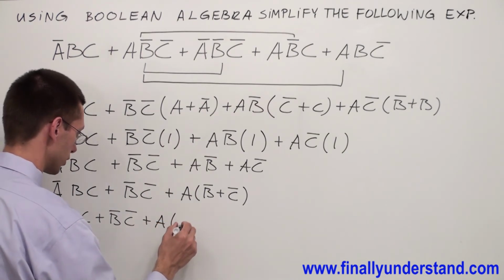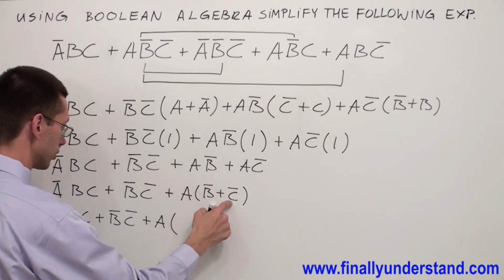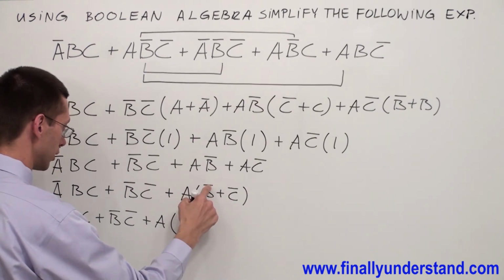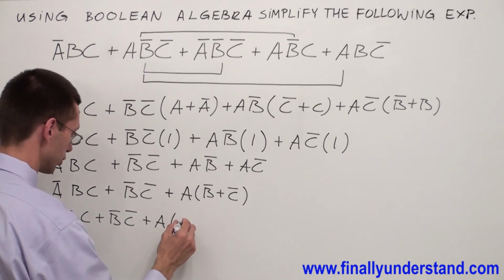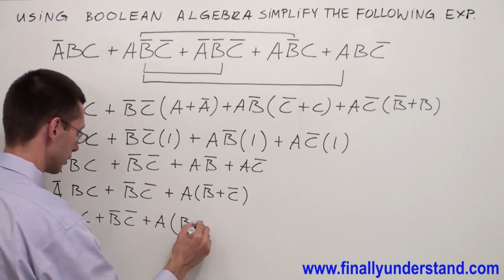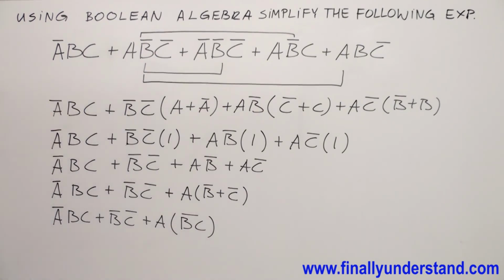Okay, this is De Morgan's theorem. Anytime I have two variables inverted or together, this is going to be equivalent to the NAND. Now take a look what we have.